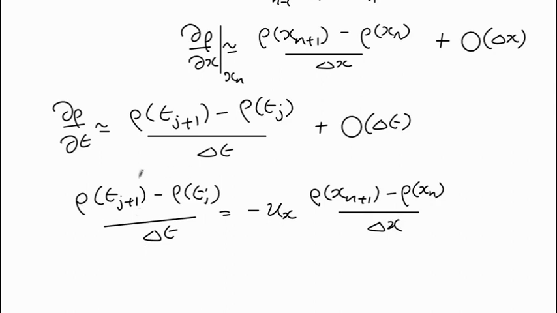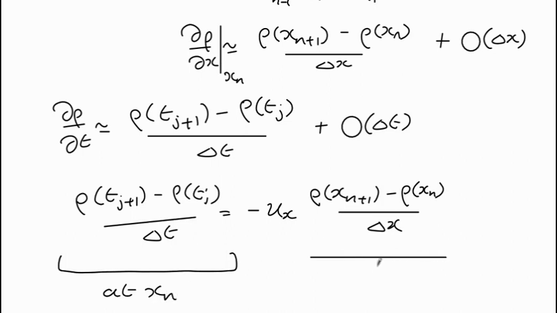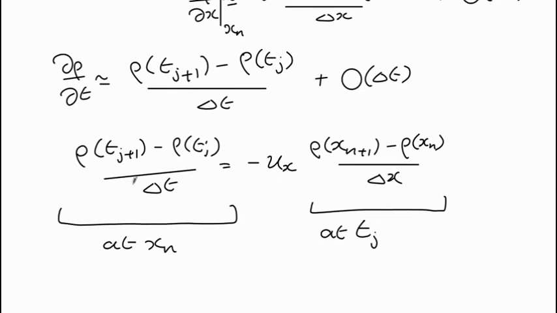Now on this left hand side I didn't put the space indices, so all of this side here is at xn, and this is all at tj. So you could put an xn in both of these and a tj in those, just to make it a bit shorter.